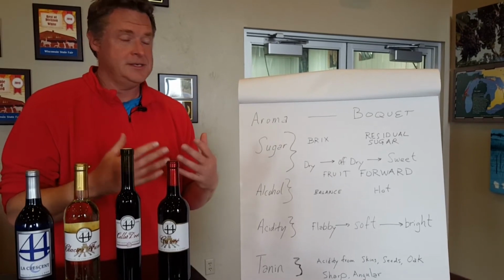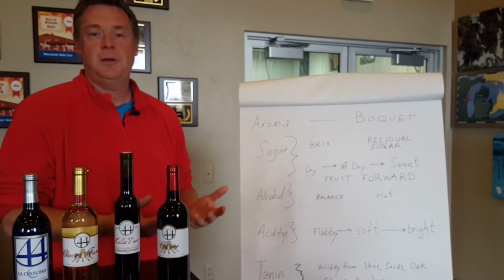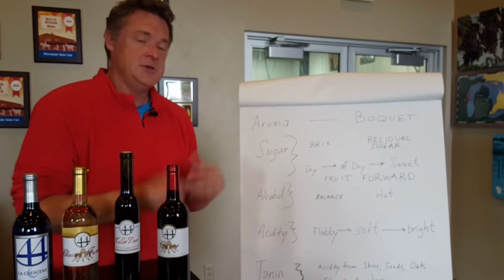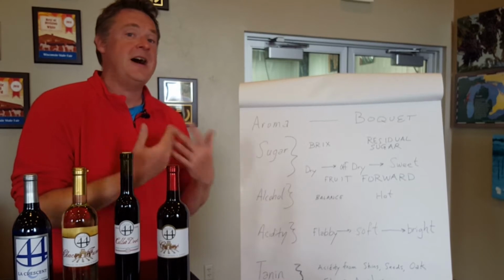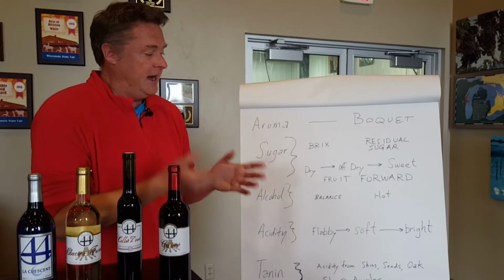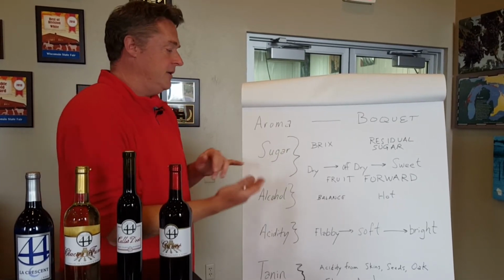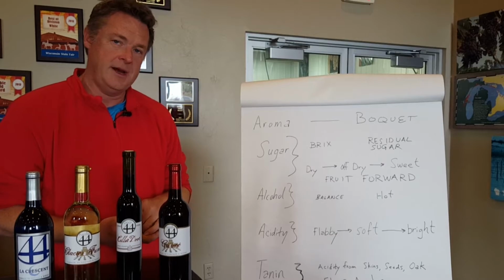Well, Coca-Cola has 11% sugar. A semi-sweet Riesling is 2% sugar. So that can of Coca-Cola that you enjoy has 5 times the sugar of the sweeter Riesling that you say you don't like. Again, that's a reflection of the acidity, tannin, and alcohol and their interrelationship with the sugar on your palate.